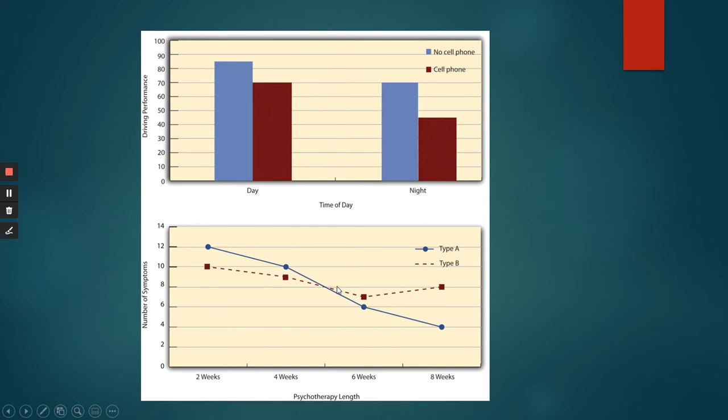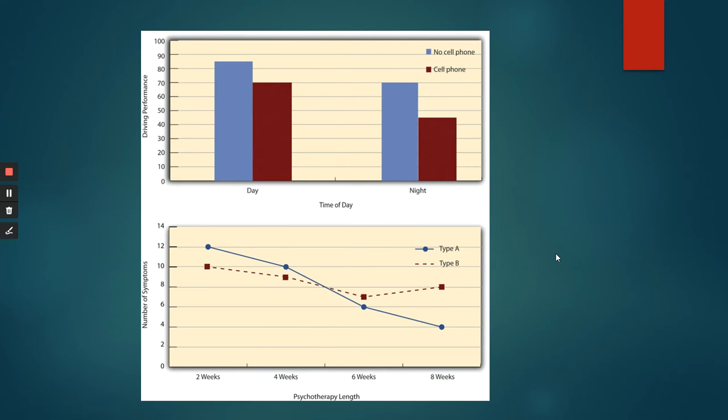So while there's a main effect for the length of psychotherapy with symptoms going down over more weeks, it appears to me that for type A versus type B, there is no main effect. Because if I ignore time and just average that blue line, it's probably around here, and the average for the red line is around here, I'm guessing also. So it looks like there's no main effect for type.